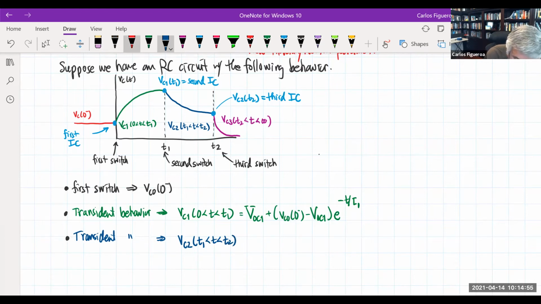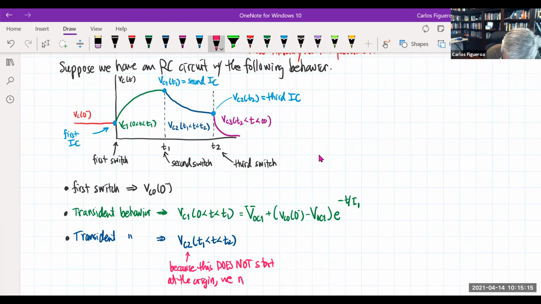So because this does not start at the origin, we need a coordinate shift. From what? So we're going to go from t to t minus t1. We have to shift our origin to t1 in order for the solution to work.